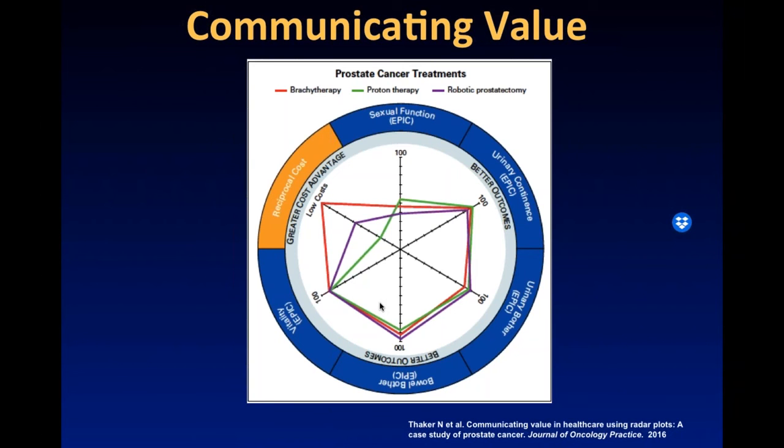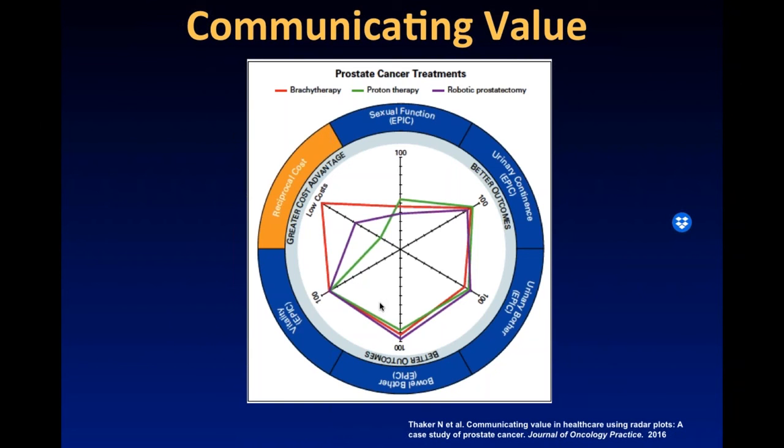But for patients, they might look and say, if you're 50 years of age and they see that there's the protons on the sexual function are proven to be better than robotic prostatectomy, it might guide them towards spending a little bit more of their resources to be treated like that.